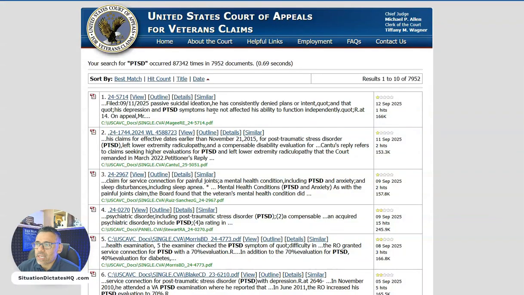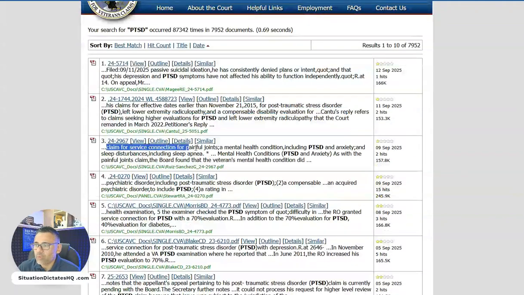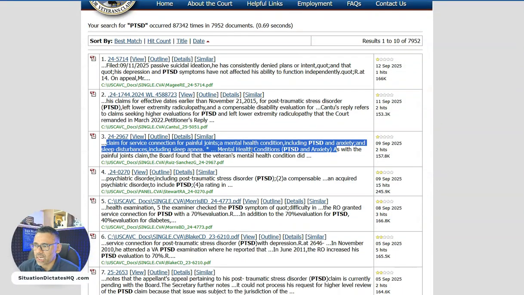So let's look at this one. There are others that talk about claims for effective dates earlier than November for post-traumatic stress disorder, and a number of different things, like claims for service connection for PTSD and anxiety.